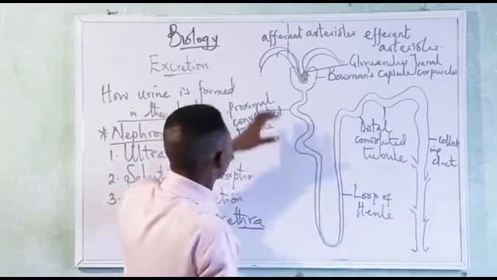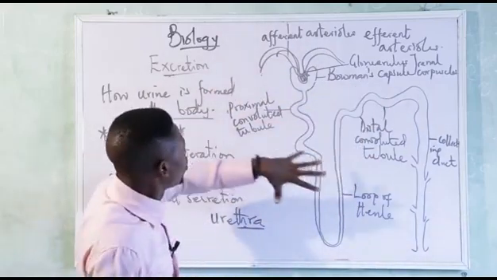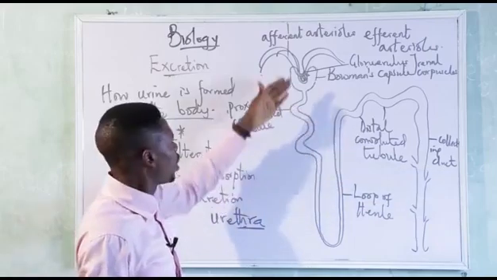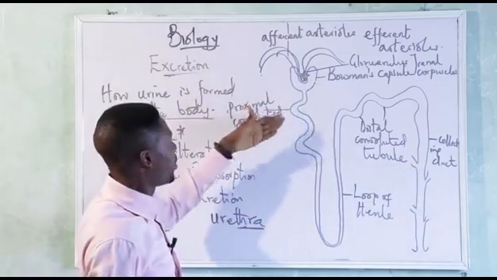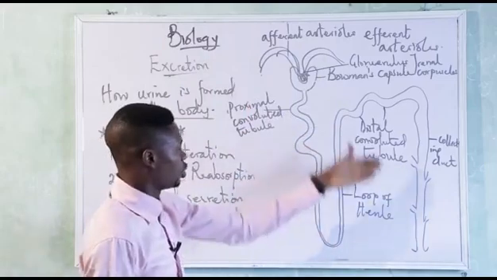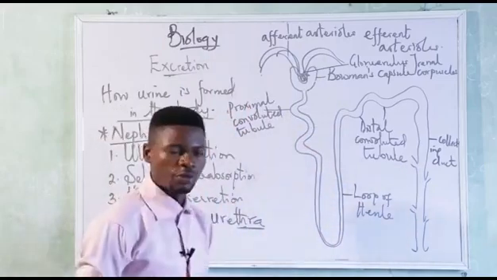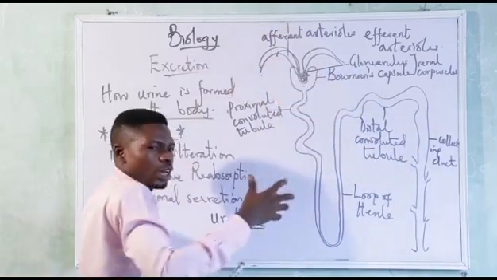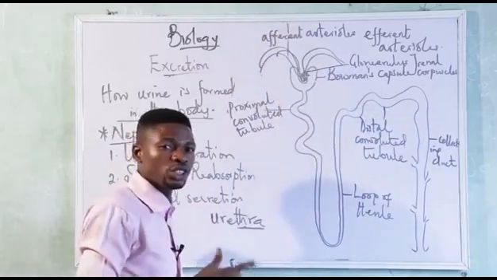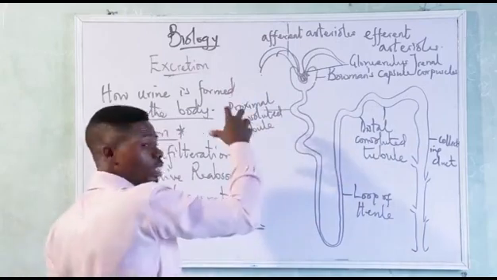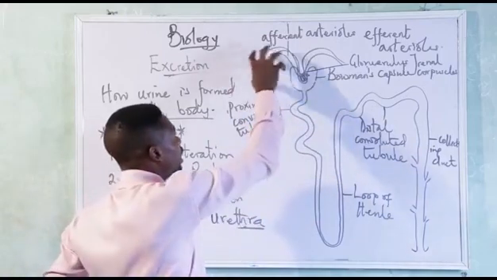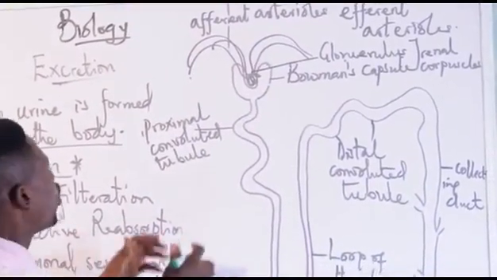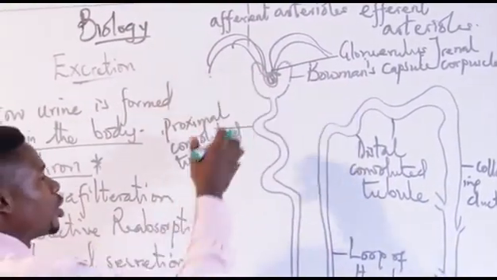Okay. Now, let's see how this filters and takes in materials, filters it, and you have your urine being formed. Now, when the waste materials present in your blood from your metabolic activities get to this place, there is what we call ultrafiltration at this point.